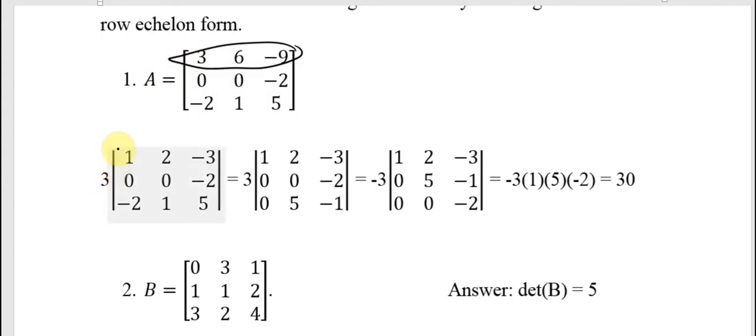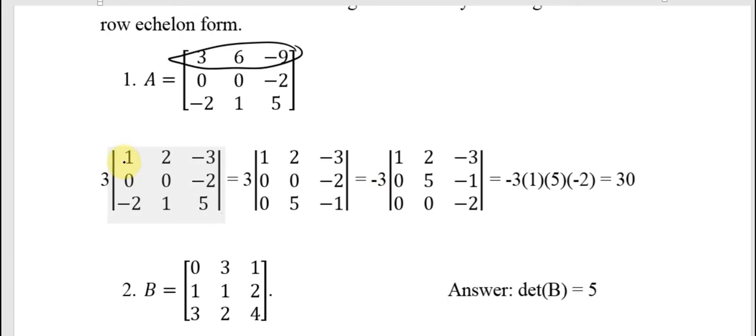Notice these lines here denote determinant.